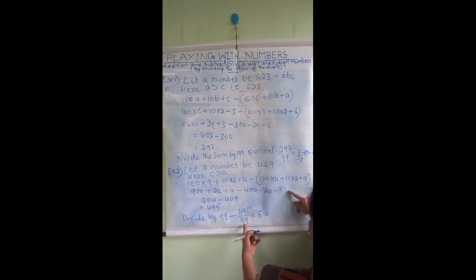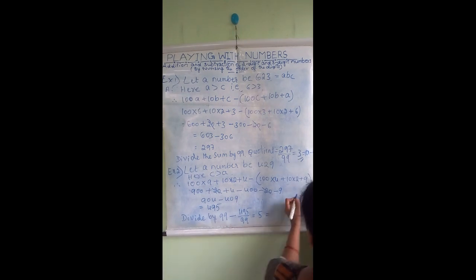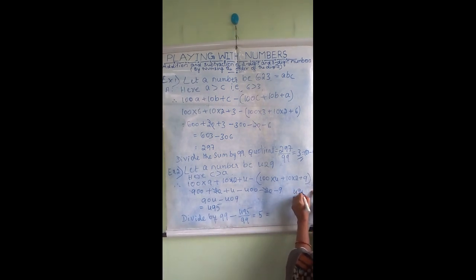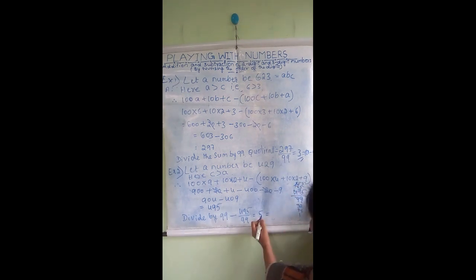You can check, see, 495 divided by 99: 99 times 5 is 495, so the quotient is 5.